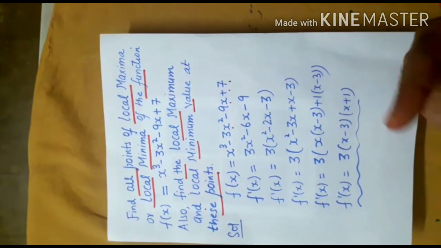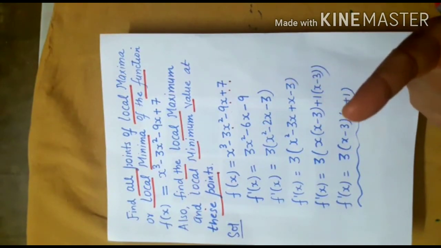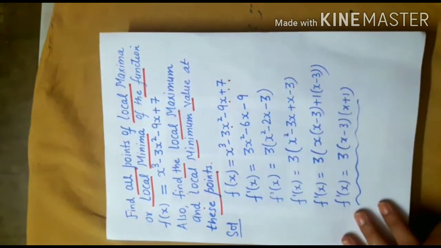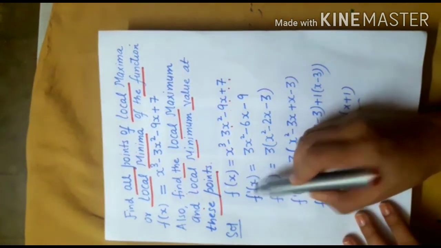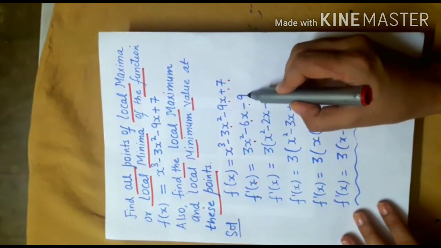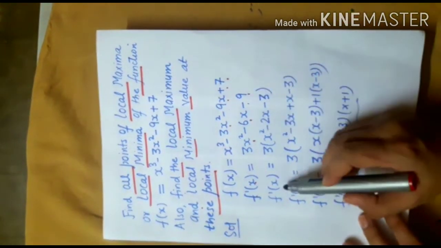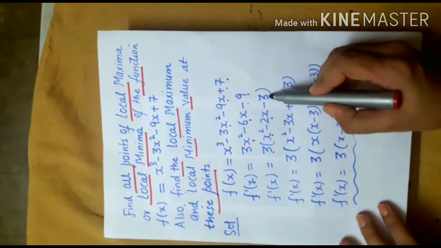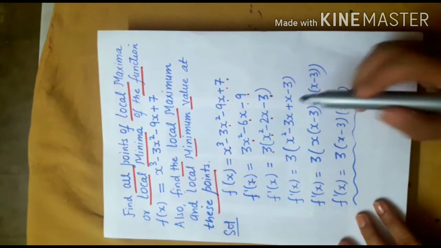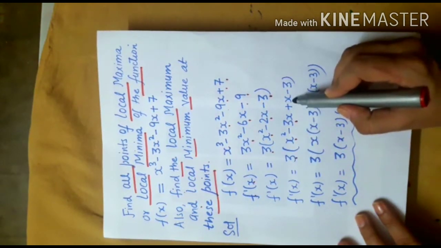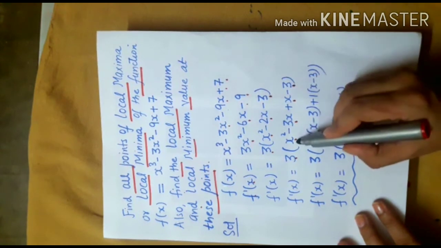Yes, to get the possible points of local maxima or local minima, I find the derivative of the function, f dash x, that is 3x square minus 6x minus 9. Let's factorize this. f dash x will be 3 into (x squared minus 2x minus 3). Split the middle term. I'll get x squared minus 3x plus x minus 3.